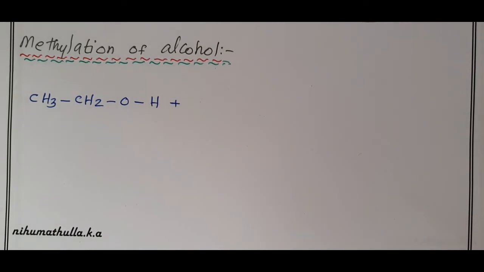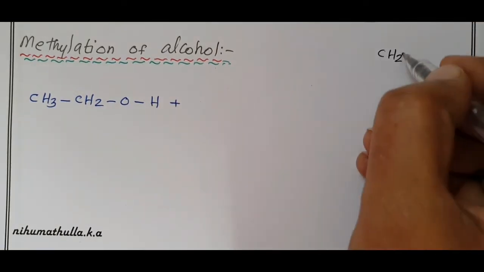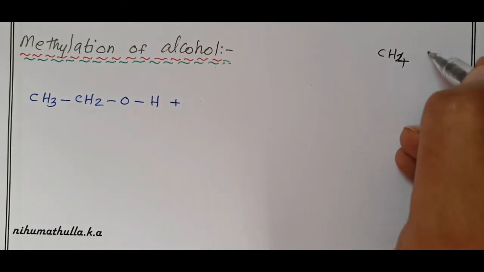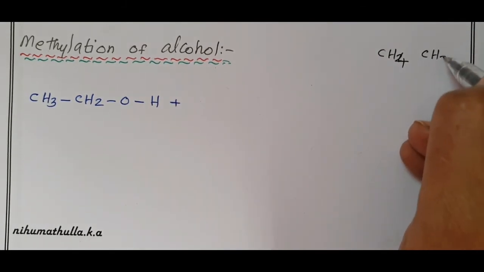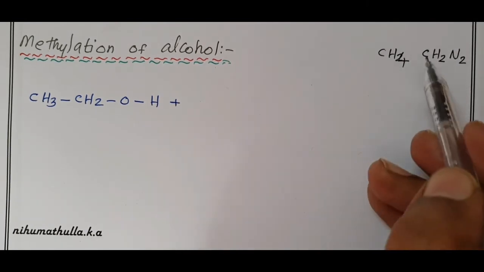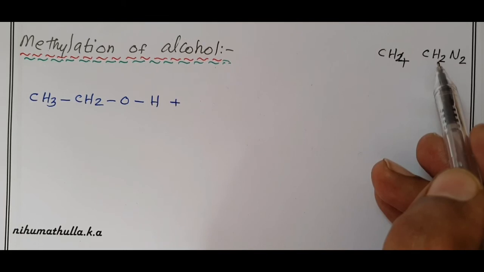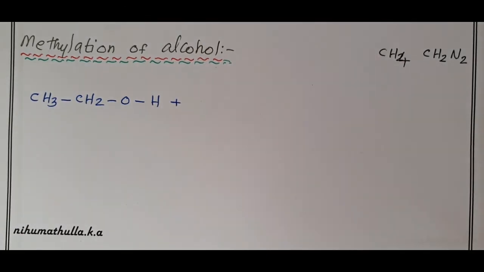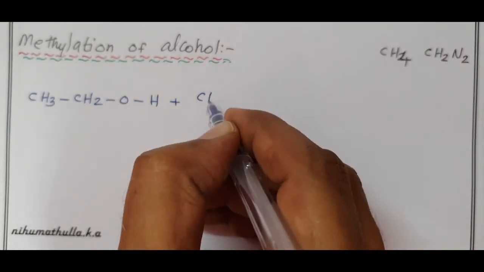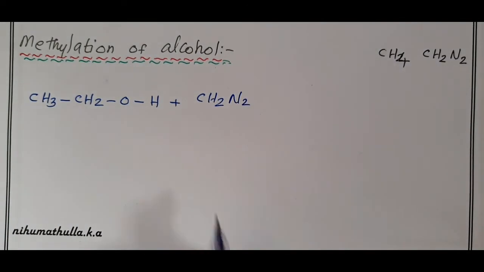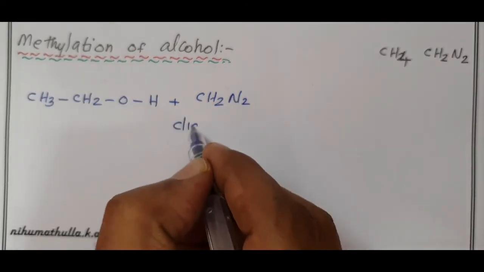Methane has the molecular formula CH4. If two hydrogen atoms of methane are replaced by two nitrogen atoms, we will get diazomethane, CH2N2.